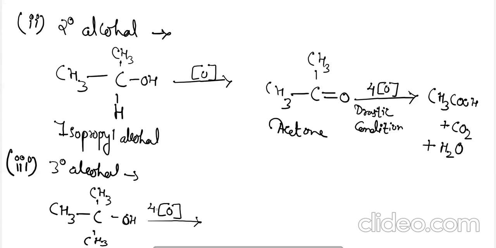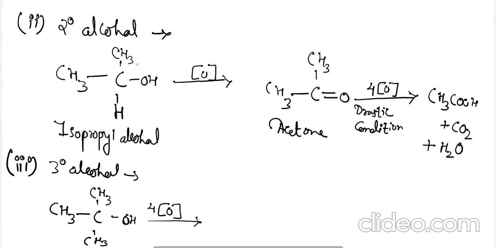But when they are treated with strong oxidizing agents such as potassium dichromate or KMnO4, that is potassium permanganate, in the presence of acid, under very strong conditions and at elevated temperature, the cleavage of the carbon-carbon bond will take place.